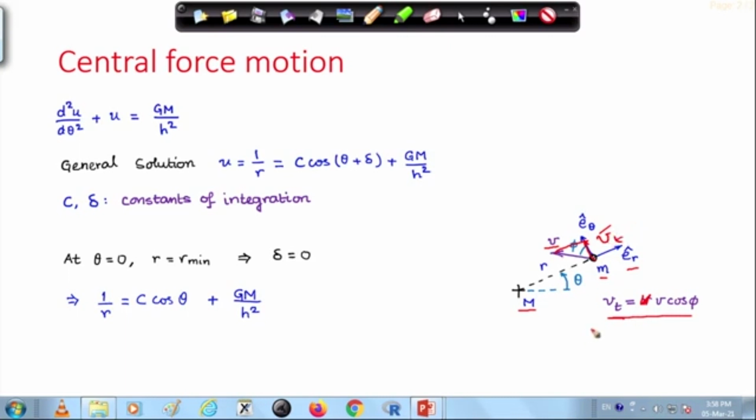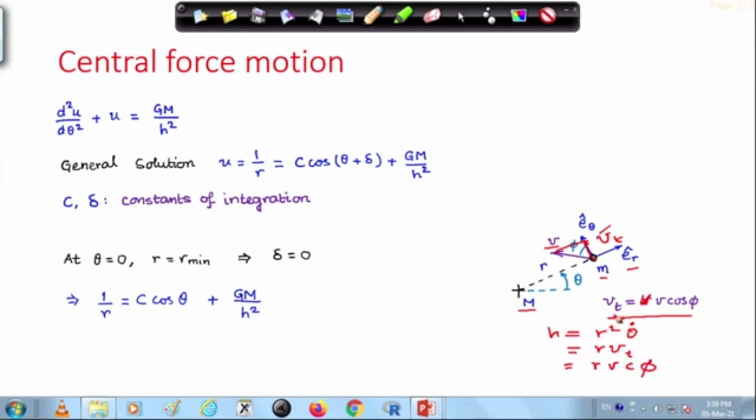From here I can calculate h. Remember, h is r square theta dot, and this is equal to r into r theta dot, which is r times the tangential velocity v t. Therefore, h is equal to r v cos phi.